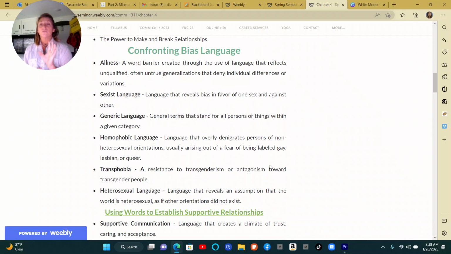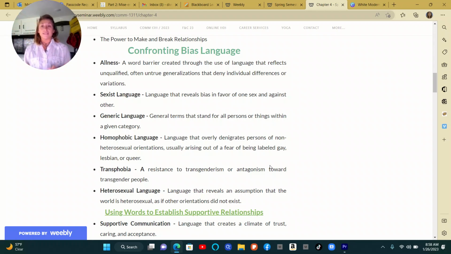So when we have to confront biased language, there are certain terms we can use to create that awareness, we'll say. Confronting is a little bit aggressive, but it is what it is in a lot of cases.